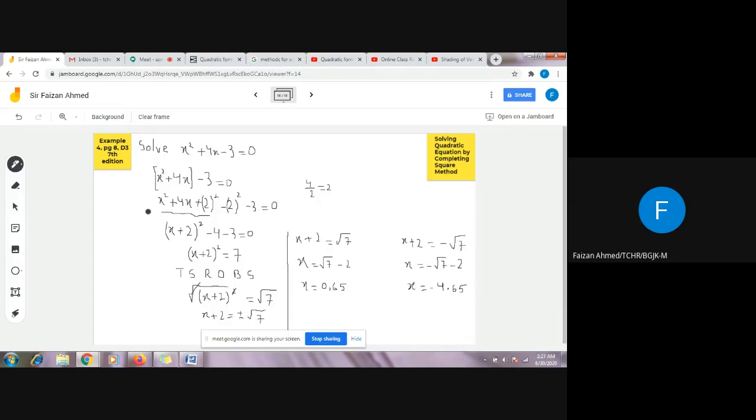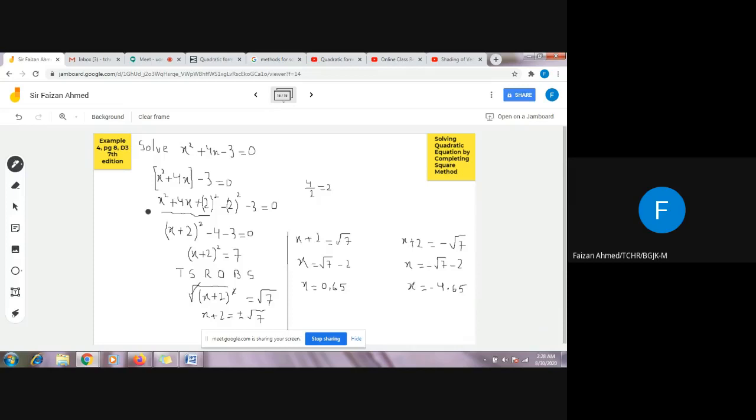Before starting the question, the first thing that comes to mind is why we are using the completing square method and not a factorization method. Students, you can take your time and solve this question by factorization. But the problem is that the factors are not easy.